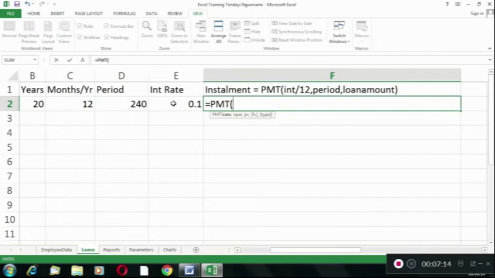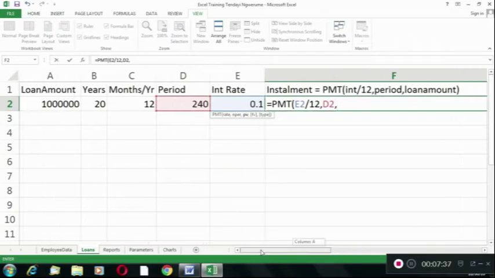So we click on E2 and we say divided by 12, and we put our comma, and the periods are in this cell, so we click on that cell for the period and we put comma, and then lastly we want the loan amount, so we click on the loan amount and we close.